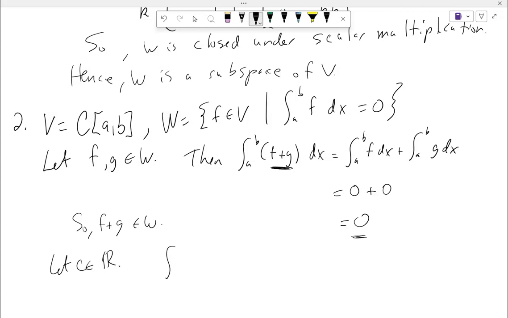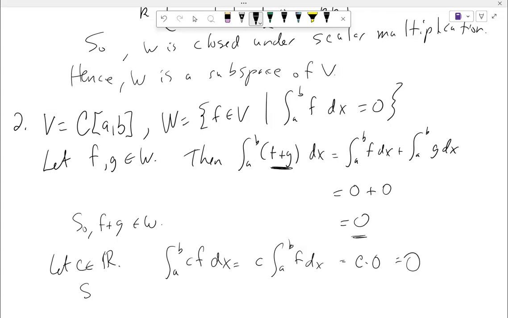So do the same thing. What can I do with the scalar with respect to the integral? Take it out, yep. And then again, where does f live? In W, so that integral is going to be 0. And if I take that constant times 0, we get 0, yeah.